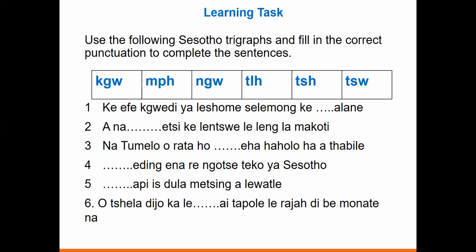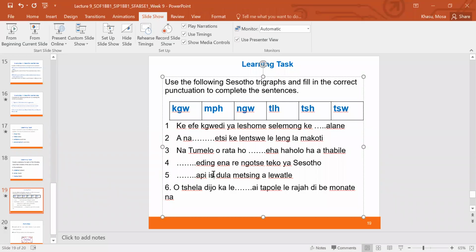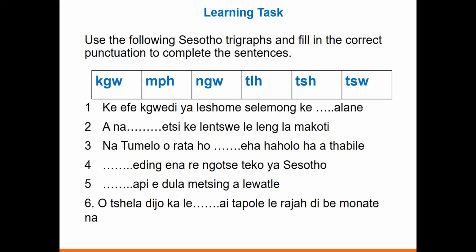E dula metsing a lewatle. Okay, let me just make that there so that it's correct. E dula metsing a lewatle. This particular one lives in the ocean.